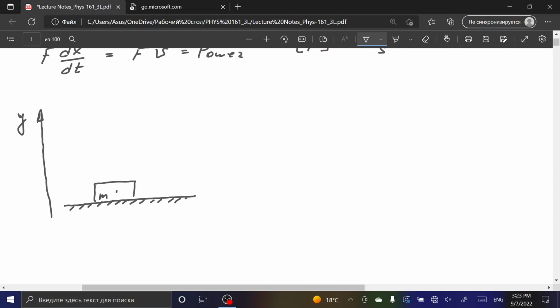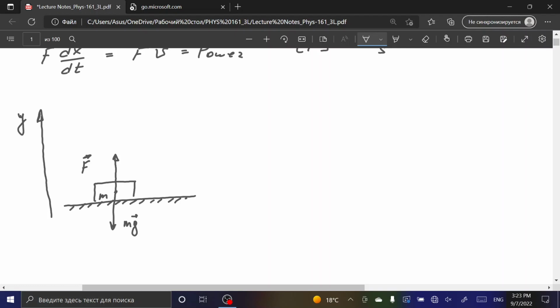Then what do we have here? We have some weight mg, and let us apply some force F oriented along axis y, which is equal in magnitude but opposite in direction with respect to the weight.